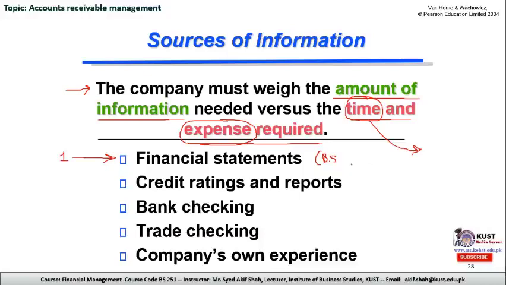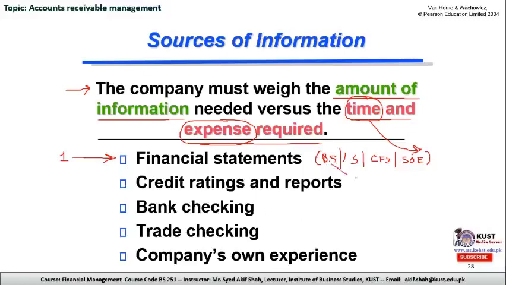So we have basically 4 financial statements, which are the balance sheet, income statement, cash flow statement, and statement of owner's equity. These are basically 4 financial statements which are really worthwhile for our company to take the preliminary important financial information.